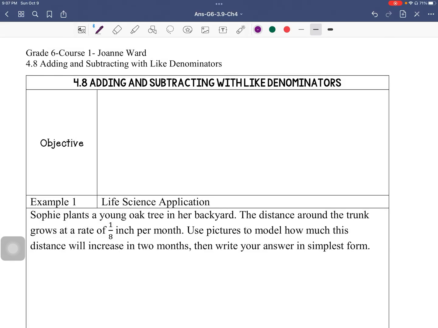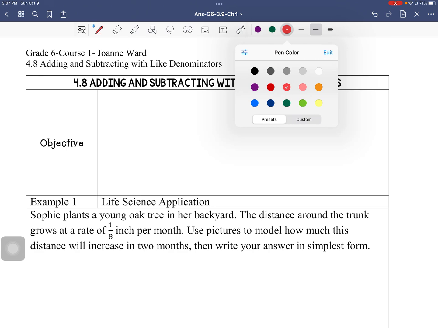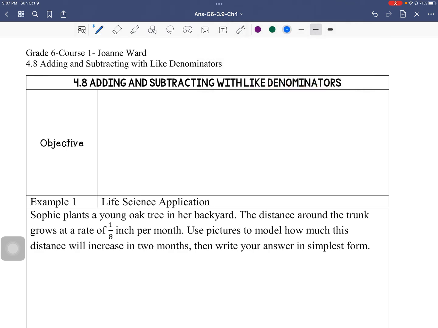So 4.8 is adding and subtracting with like denominators. Here the objective is we have to learn to add and subtract fractions with like denominators.